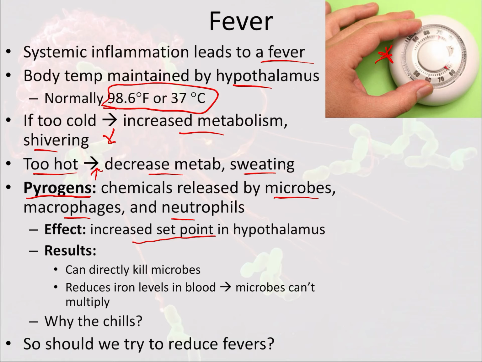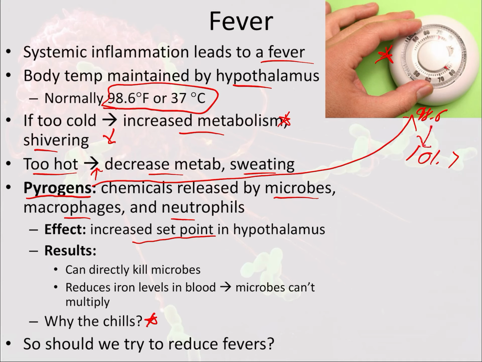So instead of the thermostat being set at 98.6, those pyrogens hit the hypothalamus and say, no, we're actually supposed to be at 101.7, right? So you immediately will feel cold if you're at 98.6. That's why you get kind of cold. That's the chills part, right? And then your body does these things, increases your metabolism, causes shivering, gets that temperature up to 101.7, okay?